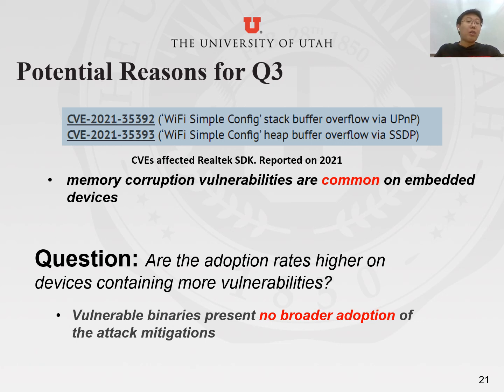For example, we have found two memory-related CVEs reported in 2021, which affected millions of devices relying on the Realtek SDK. As a further step, we identified 1,360 binaries packaged as part of the above Realtek SDK. These binaries present no broader adoption of attack mitigations.